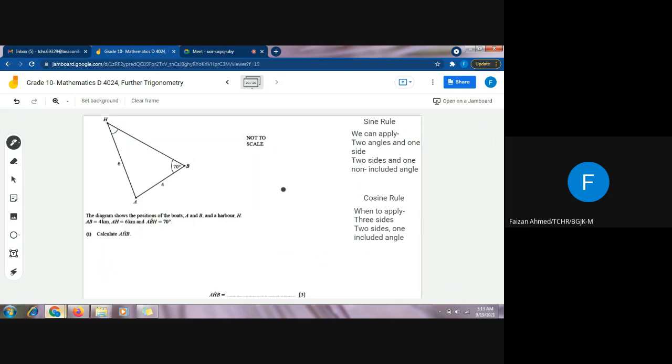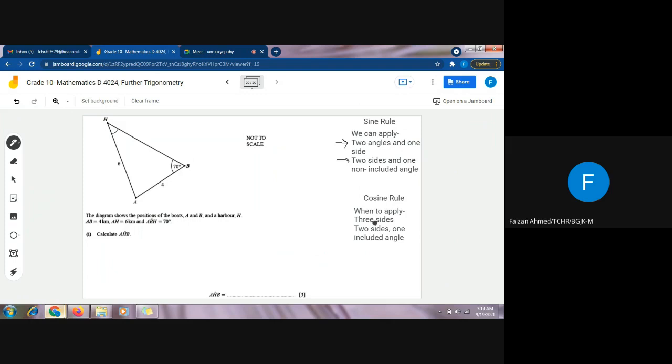First, we will discuss briefly the applications. Sine rule is used when we have two angles and one side. That is the first application. The other application of sine rule is when we have two sides and one non-included angle. For the cosine rule, we need to have three sides.